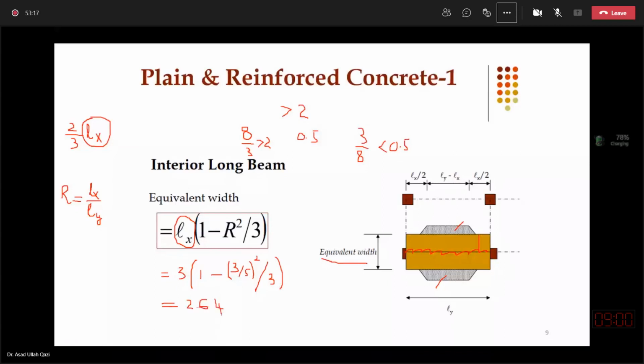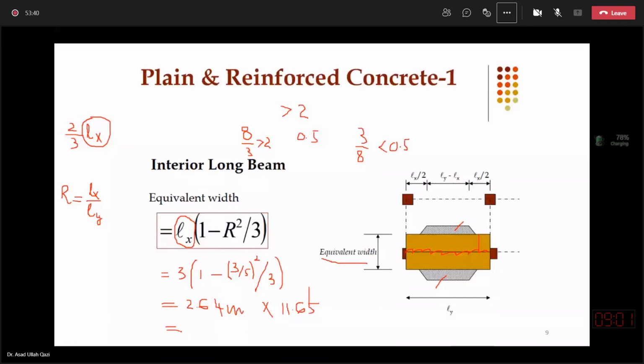It is important to note that this equivalent width will be multiplied with 11.65 if for this slab system you have estimated the ultimate pressure. It will give you the UDL on this beam.